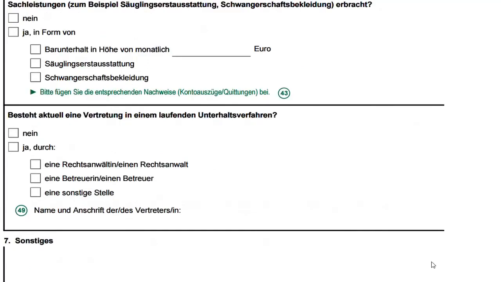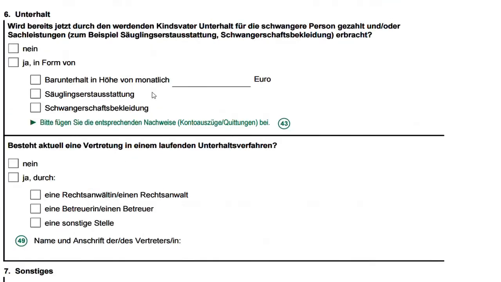Part 6 is about the maintenance or living expenses. And here it has been asked whether the father of the child is already paying in the form of cash or money or in the form of some things for the pregnant woman or not.